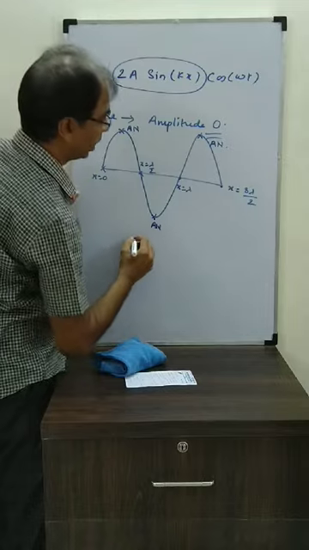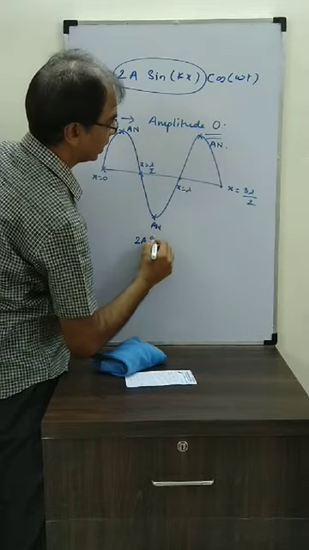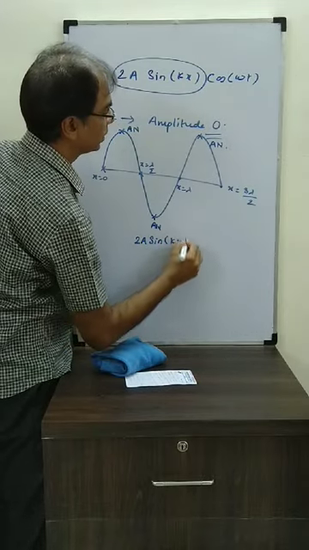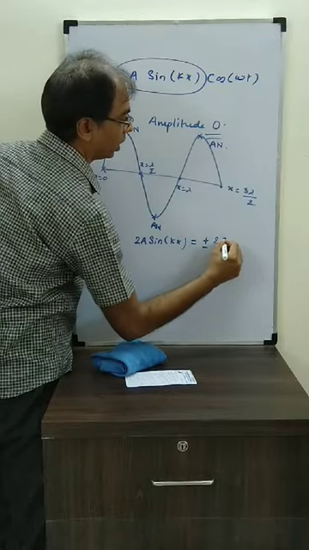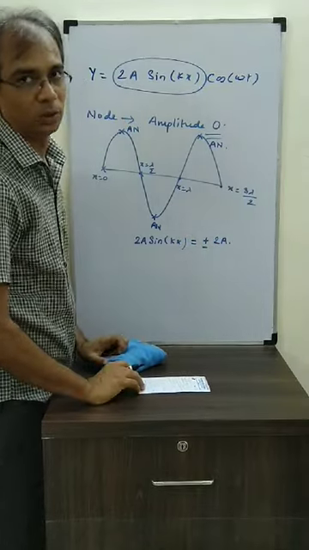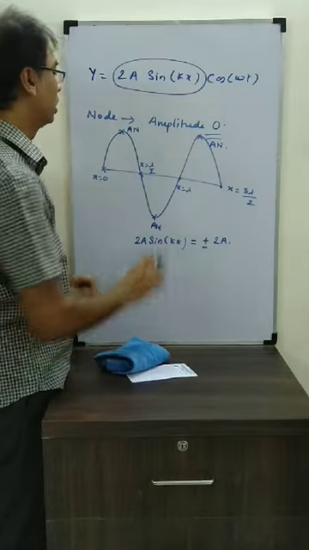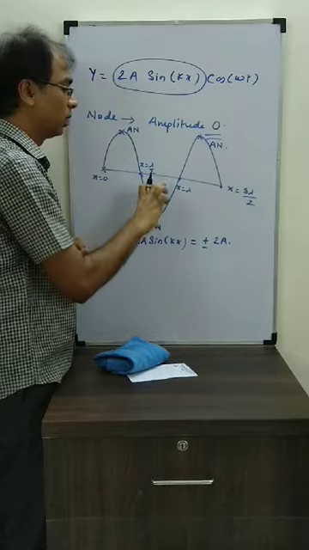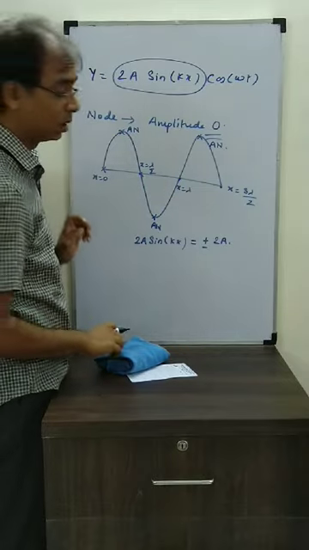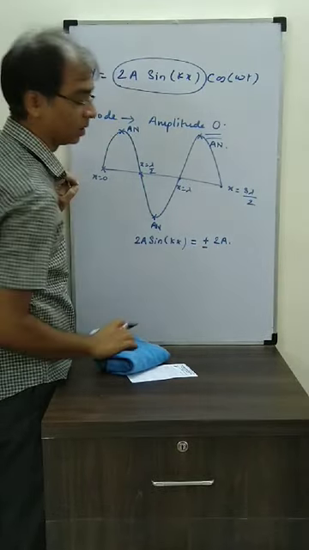So this time I am going to write that when 2a sin kx, which is the amplitude of the standing wave, becomes plus or minus 2a, those positions are called antinodes. Why plus minus 2a? Because here you can see that this displacement is plus 2a, whereas this is minus 2a. So that's why I have written plus minus 2a.